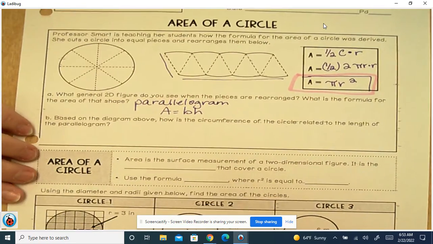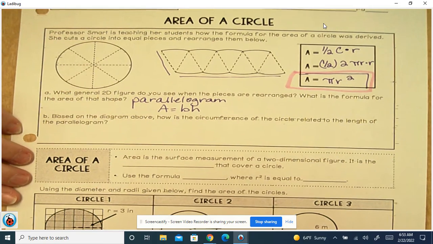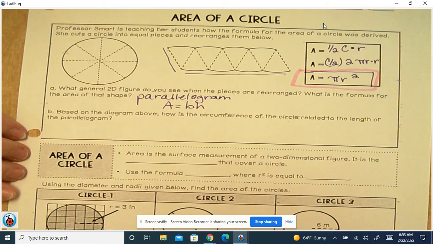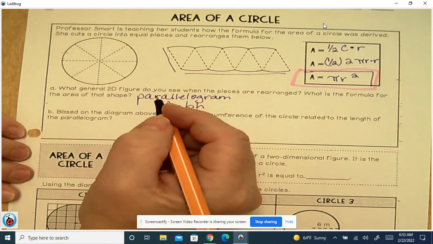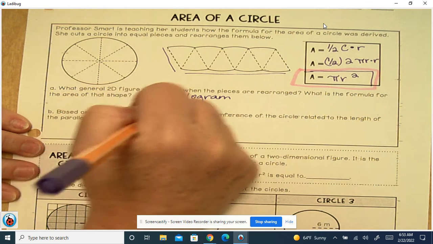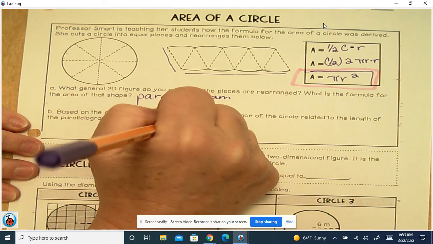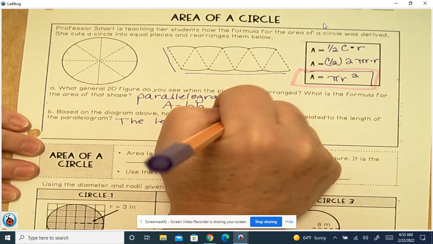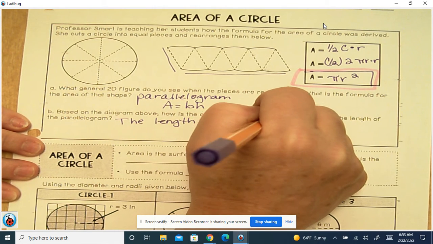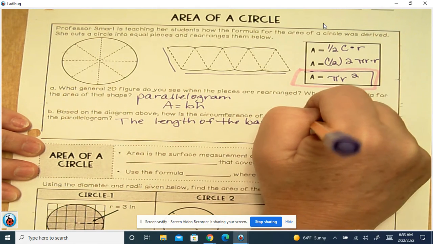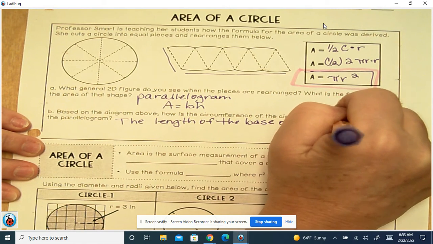All right. Based on the diagram above, how is the circumference of the circle related to the length of the parallelogram? So it's the length of the base of a parallelogram.